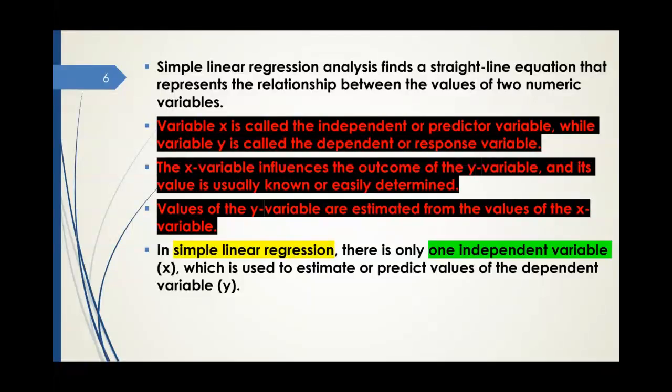In the illustration that we just spoke on, sales volume is dependent, so that's your Y, and then obviously your advertising expenditure is the independent, so that's your X values, okay?